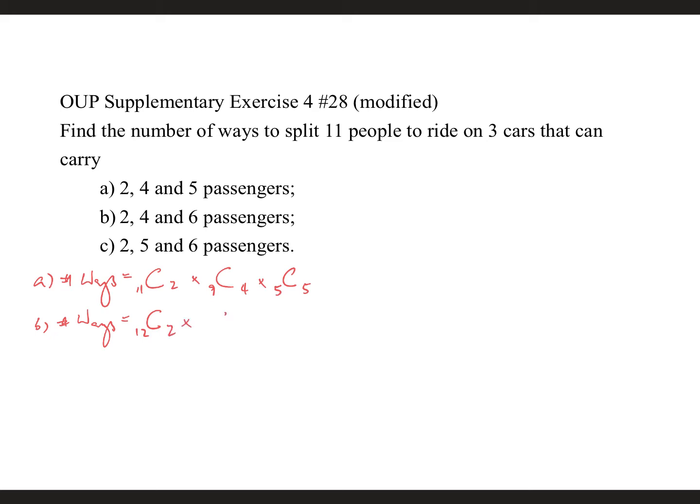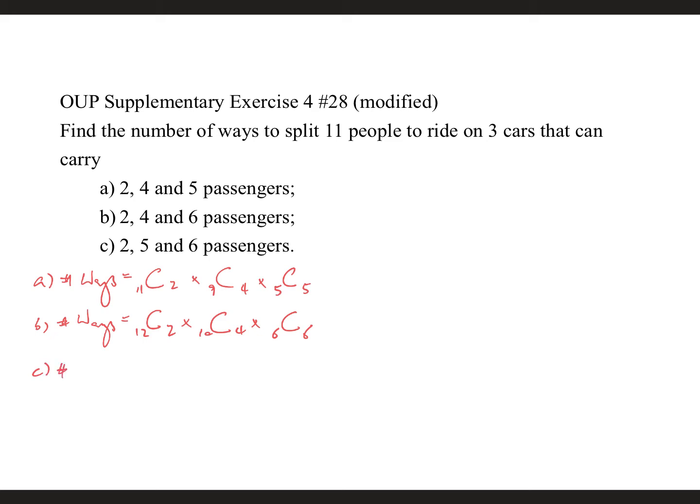And then from the rest of the 10, including maybe the invisible person, we choose 4 of them. And from the last 6, maybe including the invisible person, we choose all 6 of them. And that's it. That's the answer. You use the calculator, you find the final answer.